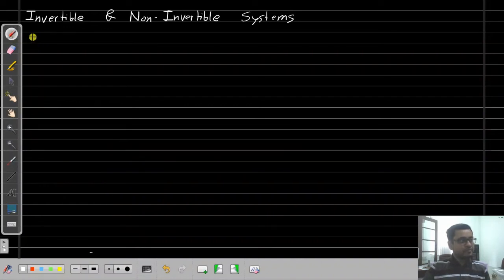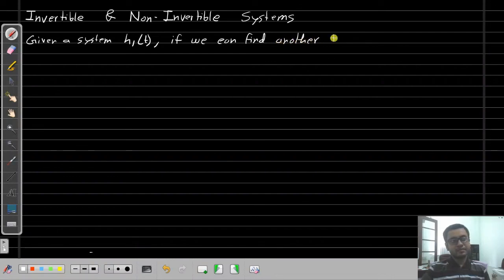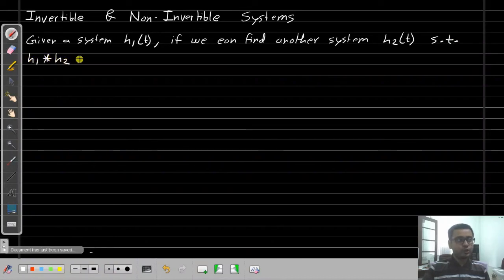Given a system with impulse response h1(t), if we can find another system with impulse response h2(t) such that h1 star h2 is equal to delta(t), the result of convolving h1 and h2 is the unit impulse signal, then what will happen?